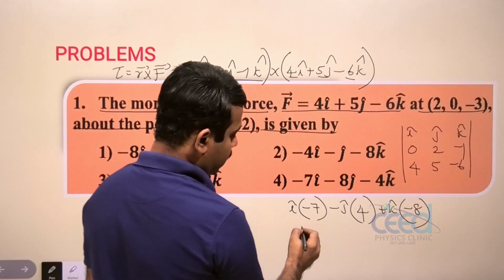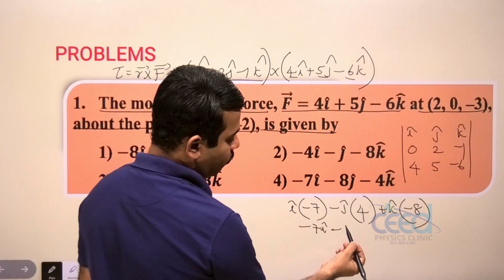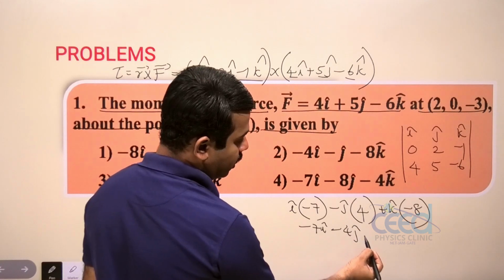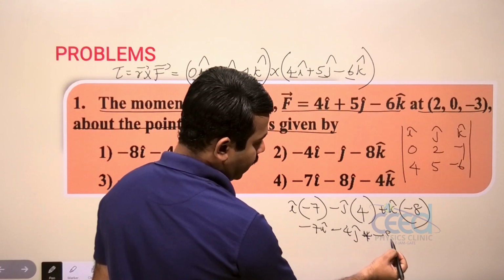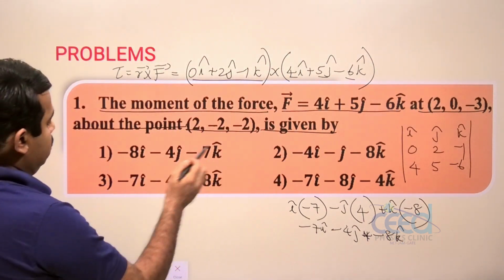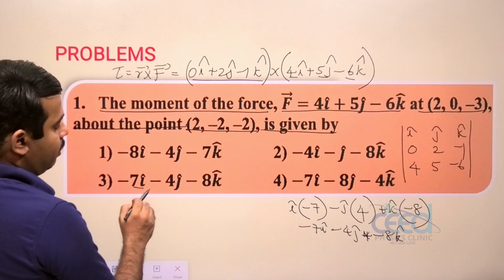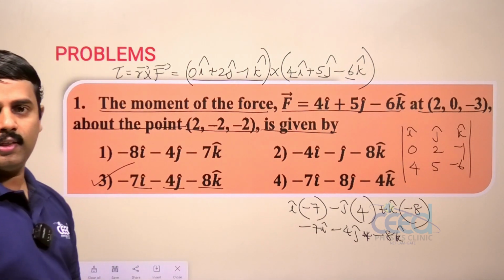So minus 7 i cap minus 4 j cap minus 8 k cap. Option 3 is correct.